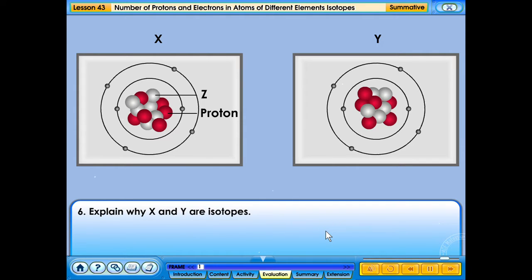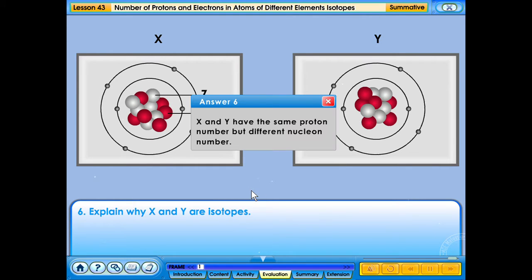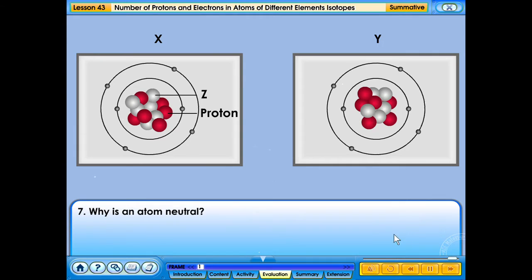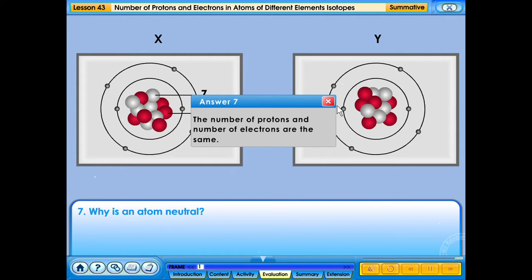Explain why X and Y are isotopes. X and Y have the same proton number but different nucleon number. Y is a neutral atom. The number of protons and the number of electrons are the same.